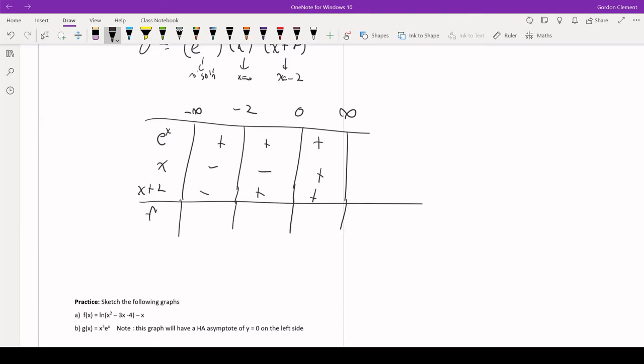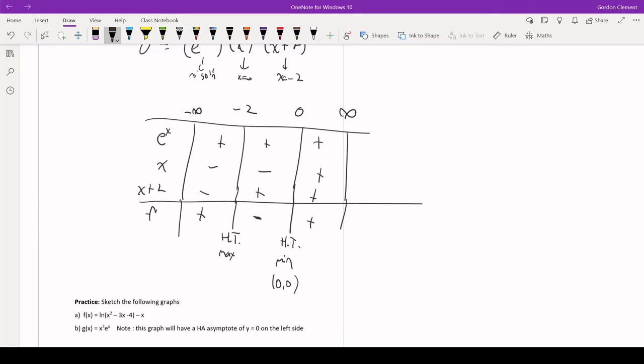So overall, our derivative is positive, then negative, then positive. Both of these points have horizontal tangents, where, because the derivative is 0 there, this one goes from increasing, flattens, decreasing, so we have a horizontal tangent max. The other one is decreasing, flattens, increases. That's a horizontal tangent minimum.